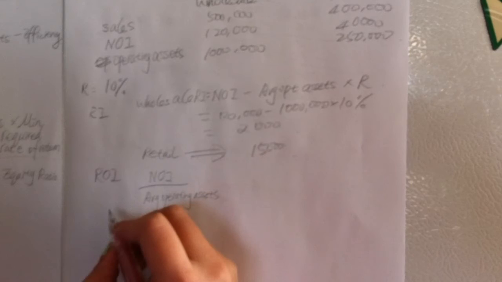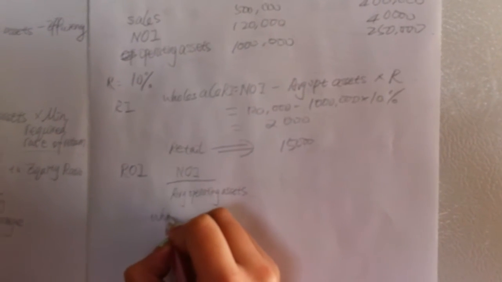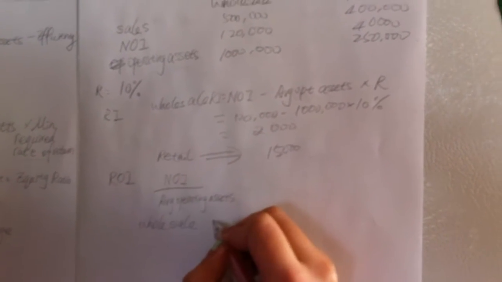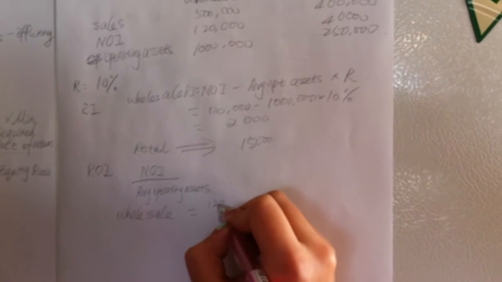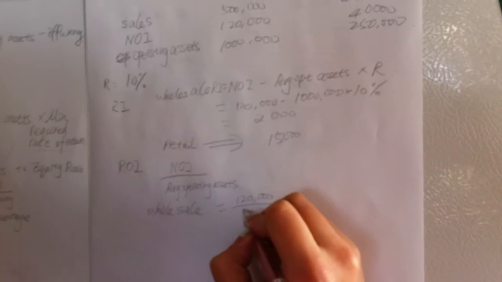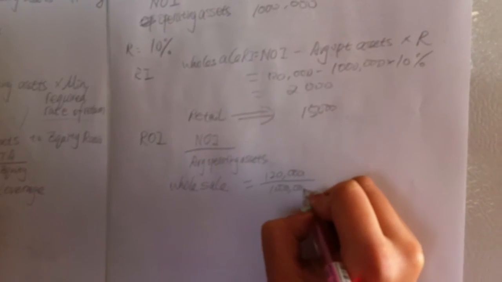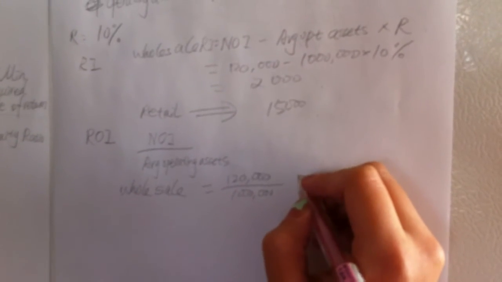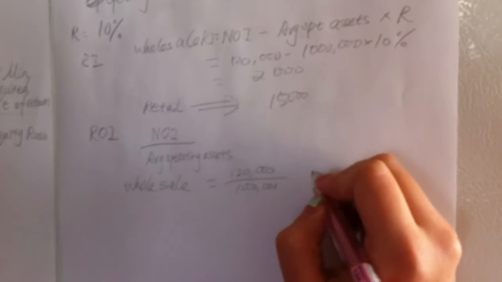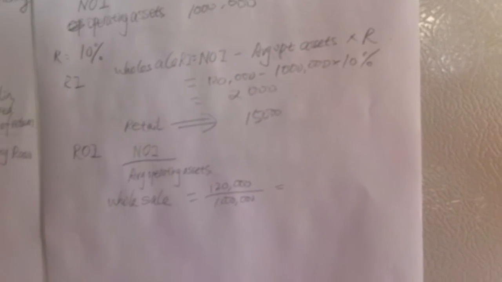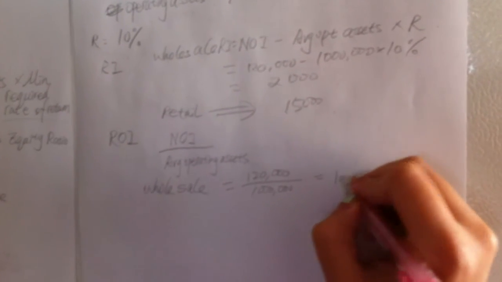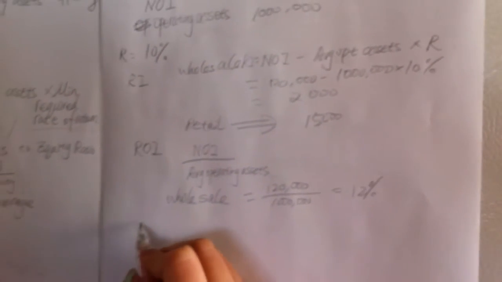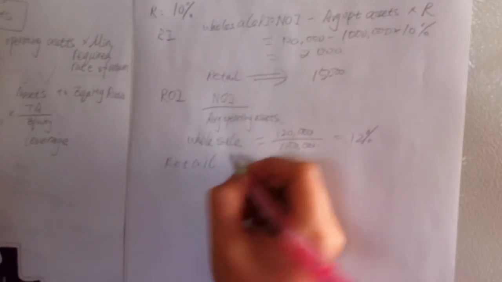So for wholesale, it's going to be 120,000 divided by a million, right? Which gives you 12%. Now the retail gives you 16%.